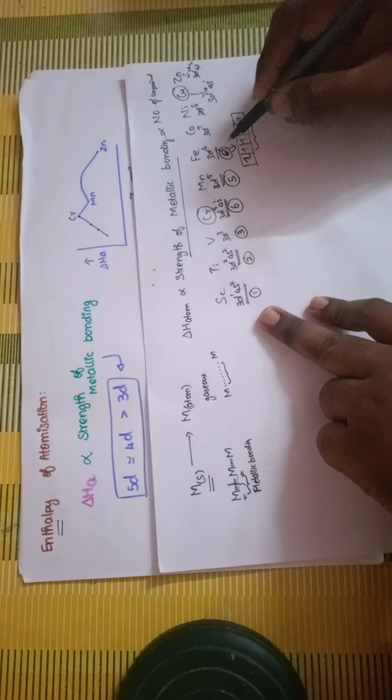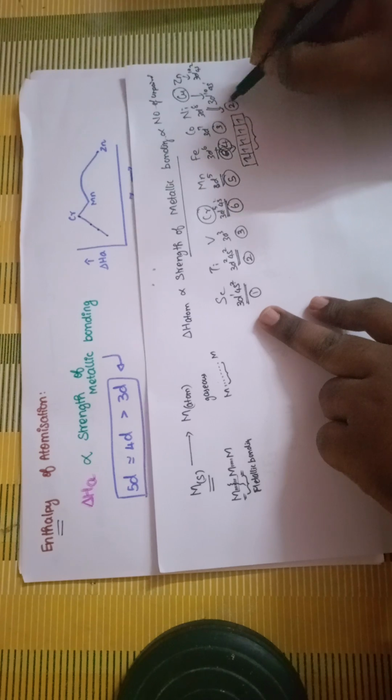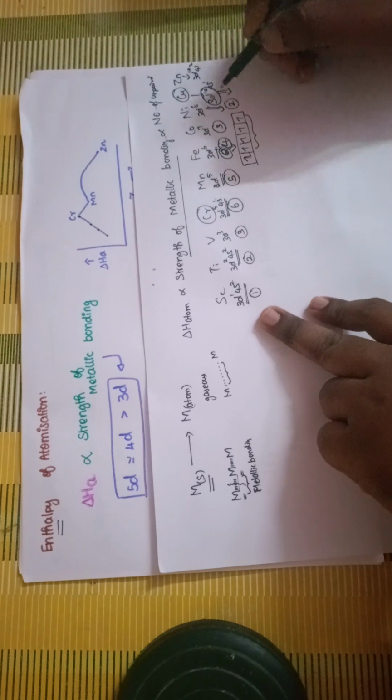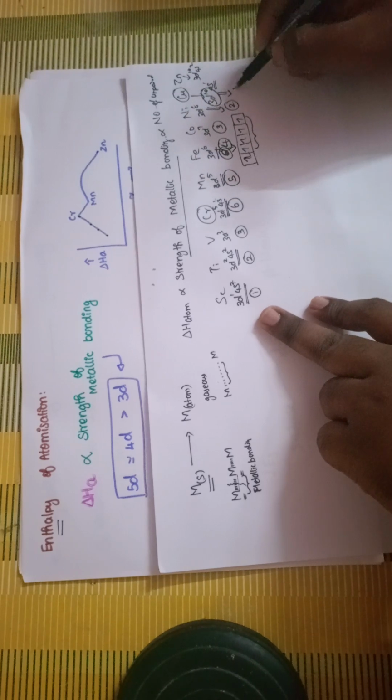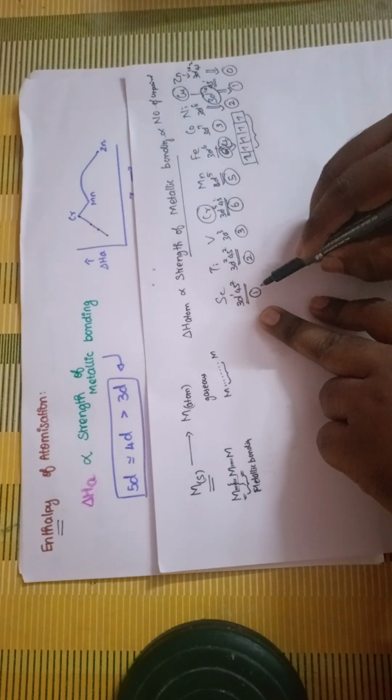So the number of unpaired electrons is 4. Here 3 unpaired electrons, 3d8 has 2 unpaired electrons. Here in 3d there is no unpaired electron because 3d10 is a completely filled configuration. In 4s1 we have 1 unpaired electron. Here 0 unpaired electrons. So from scandium to titanium, the number of unpaired electrons increases.